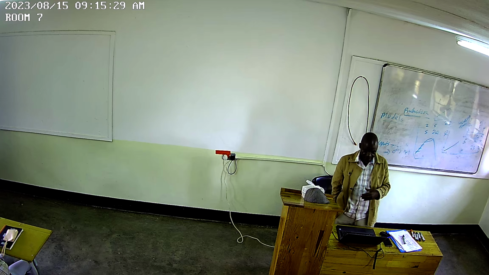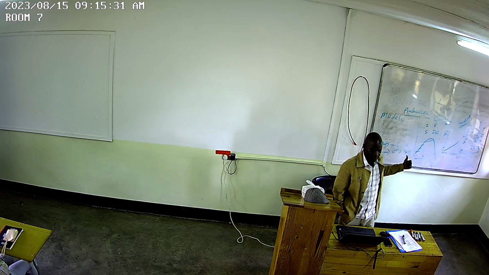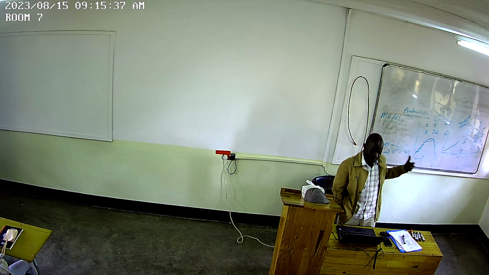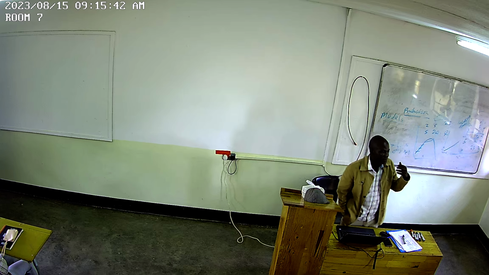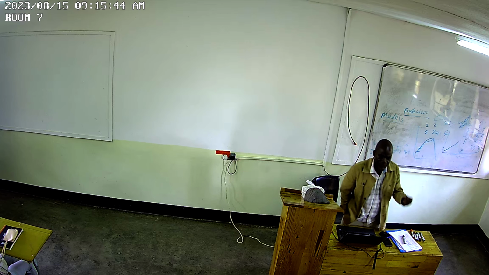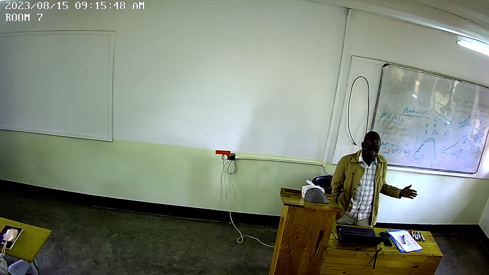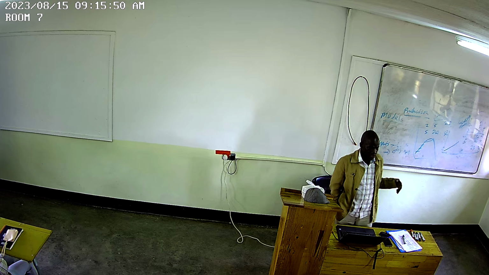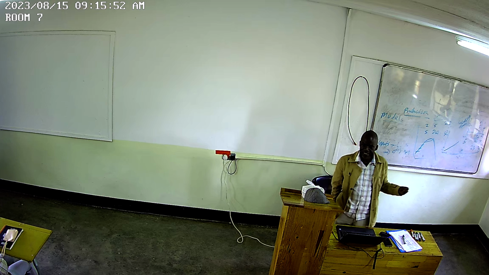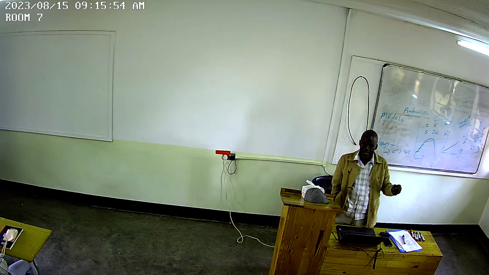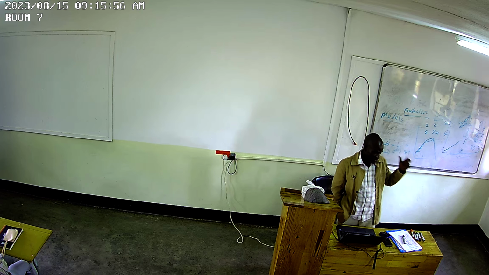So this Cobb-Douglas model assumes that you can always find labor and capital when you need it.